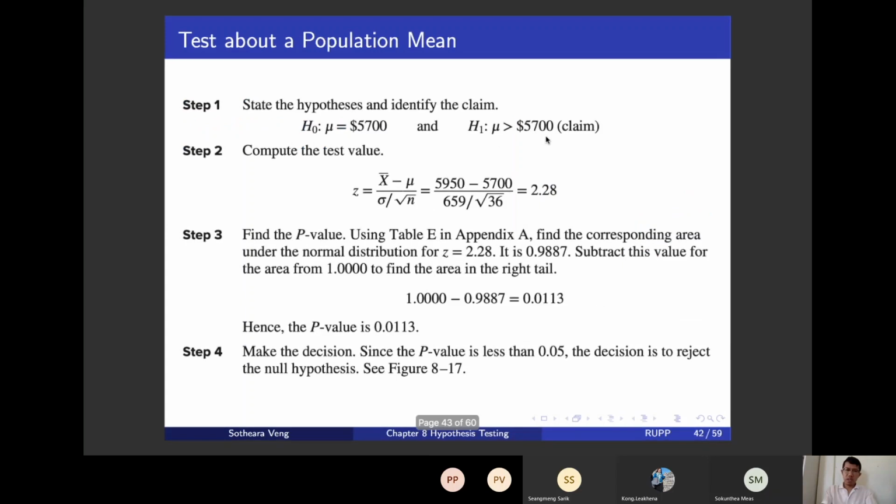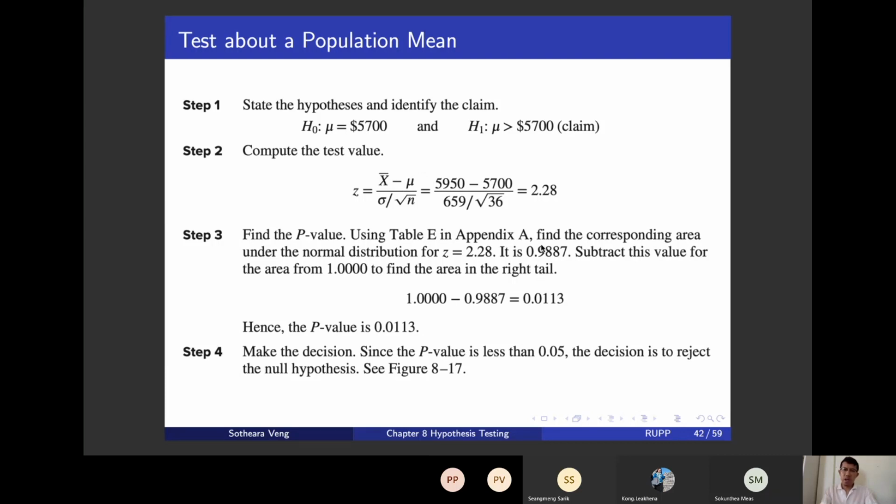But please take note that if you change the significance level, the p-value is still the same, 0.0113, because the formula to come up with the test value or the p-value is solely related to the test value, and as you can see in the formula, it's not involved with the significance level alpha, right?